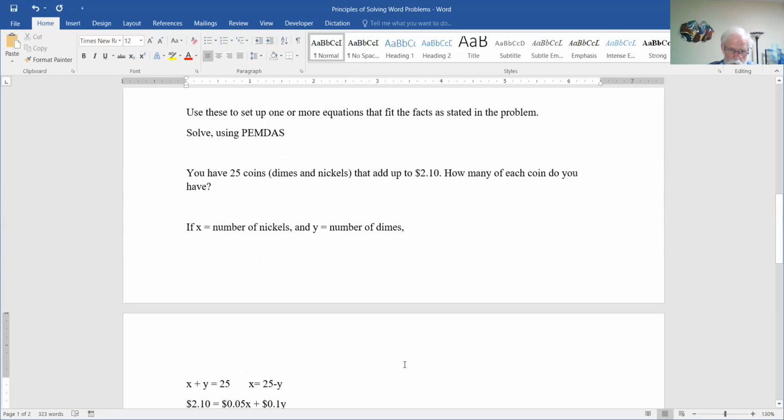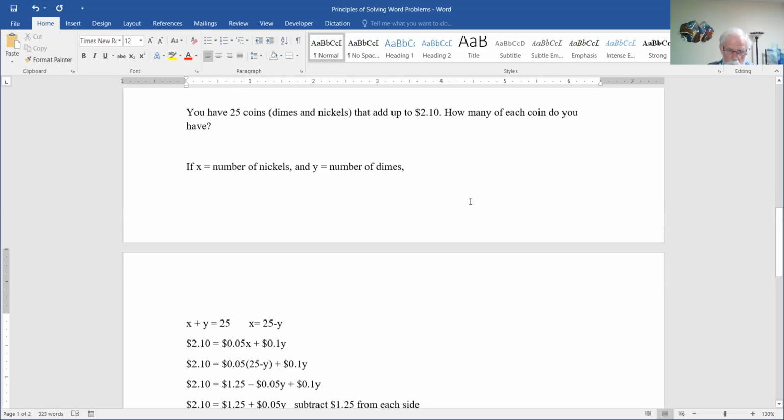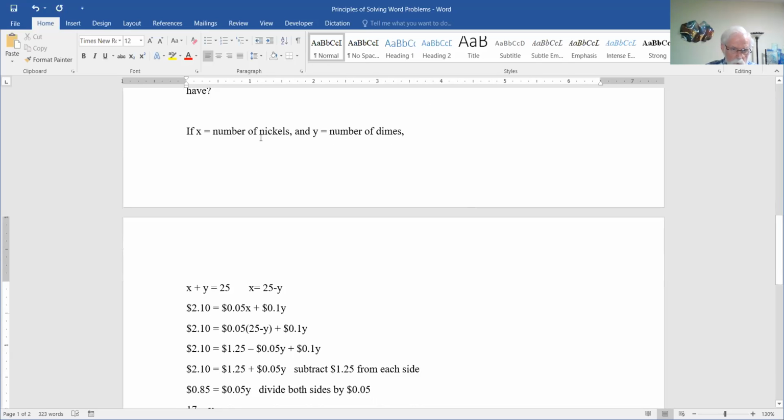So again, the logic is we have a statement, 25 coins that add up to $2.10. We determine that we want to know how many of each coin we have. And then we set x equals nickels and y equals dimes. Could have been the other way around. It doesn't matter.